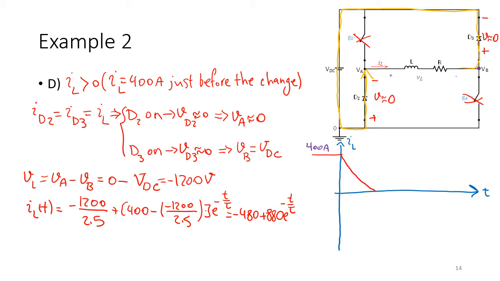If it wasn't for the diodes, it would continue to get to the value of minus 480 ampere. But it cannot.